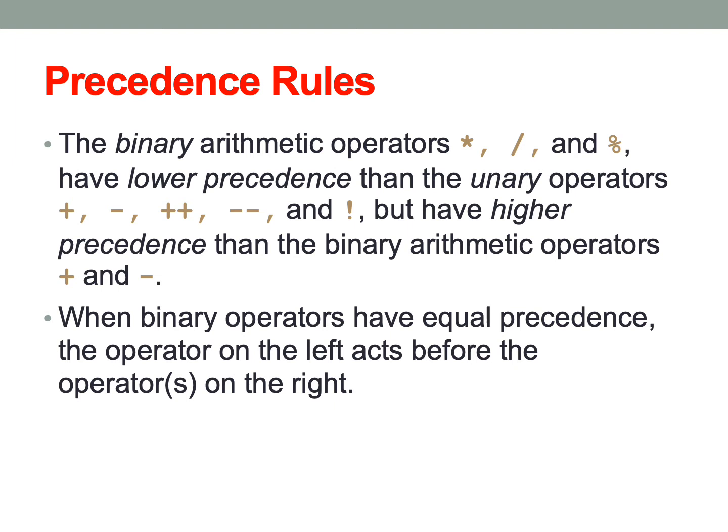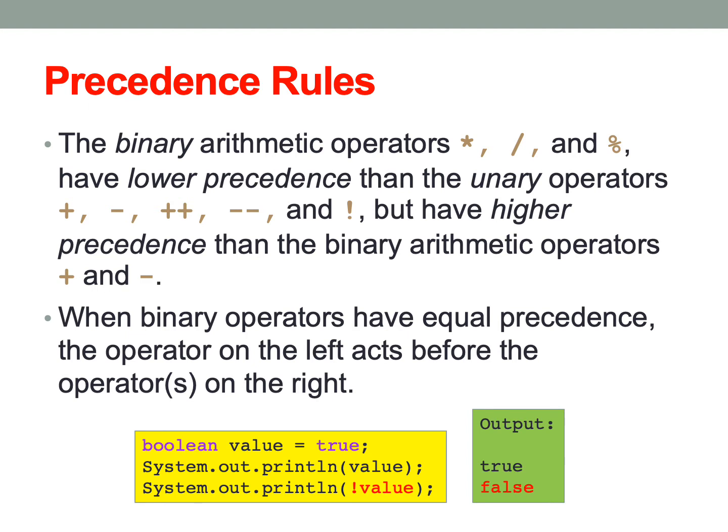When binary operators, plus and minus, have equal precedence, the operator on the left acts before the operator on the right, as I showed you in the previous example. We will look at plus plus, which is increment, and minus minus, which is decrement, later on.